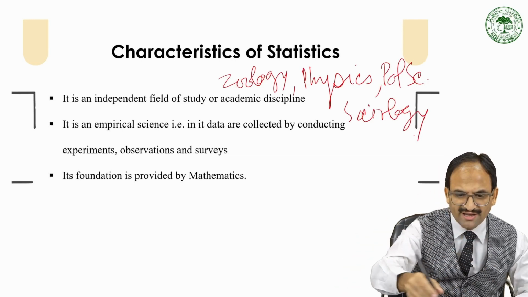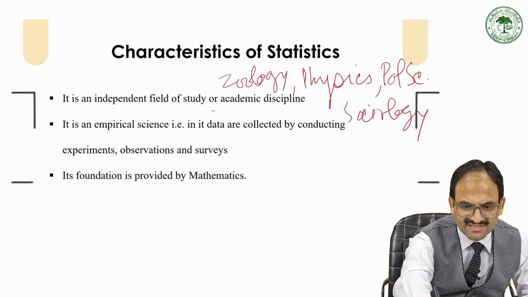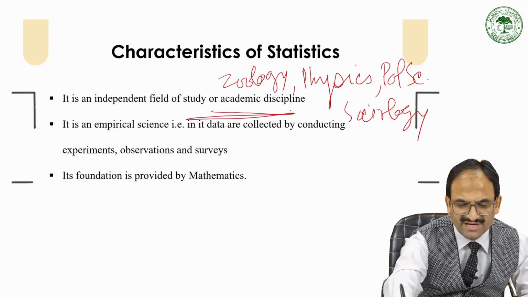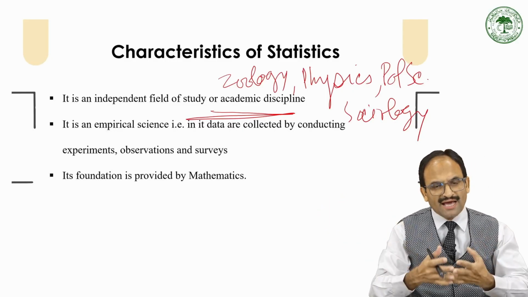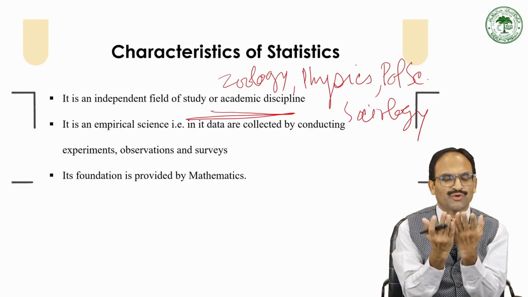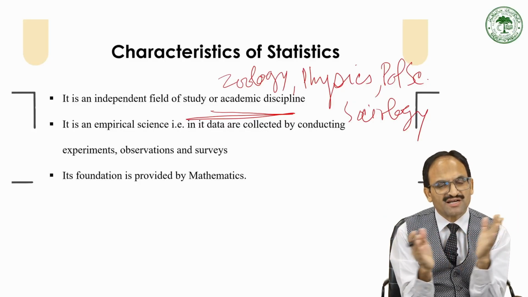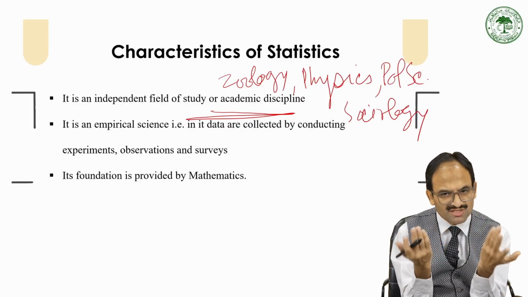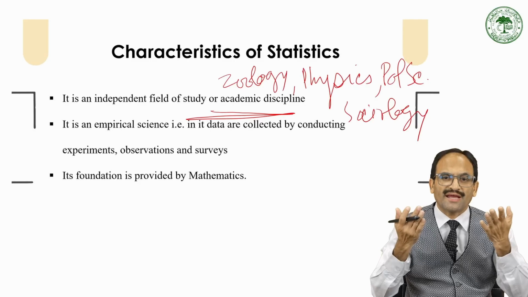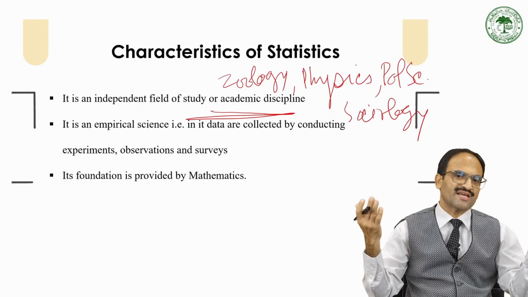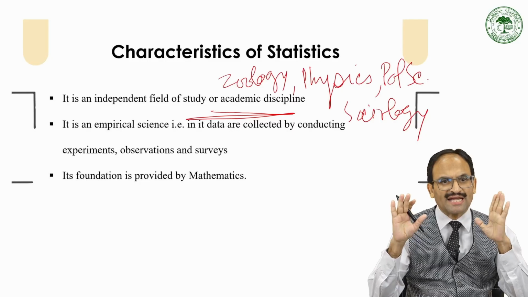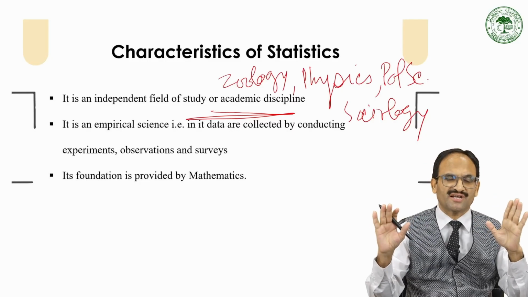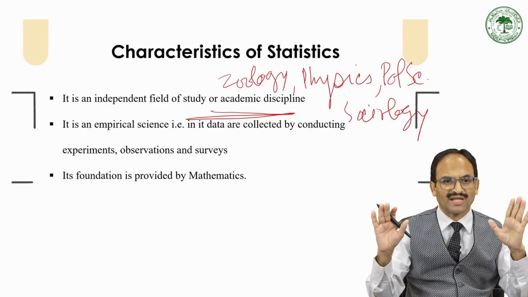Similarly, we have statistics as a field of study or academic discipline, and as students get a master's degree in zoology, physics, political science and sociology, similarly students get a master's degree or bachelor's degree in statistics also. So it is an independent field of study or academic discipline.